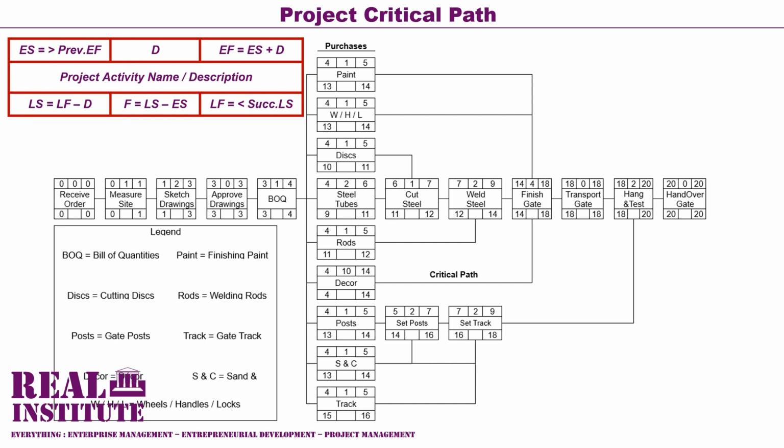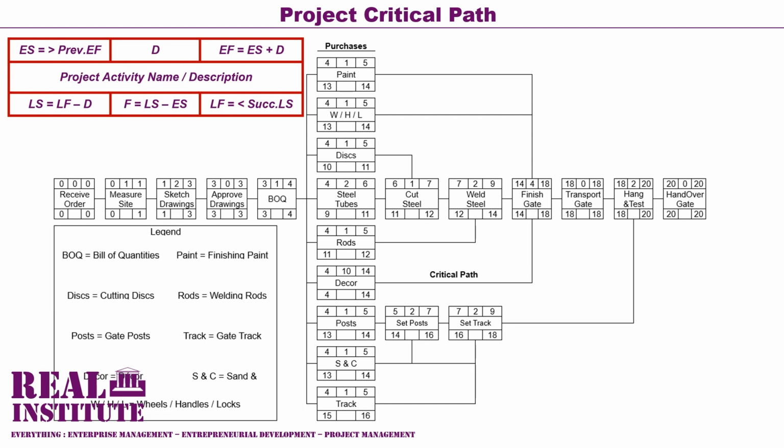Activity 5, the bill of quantities activity, is allocated a late finish equal to the smallest or lowest value of its 9 successors' late start values. And activity order or purchase deco accessories has the lowest late start value of 4 among the 9.